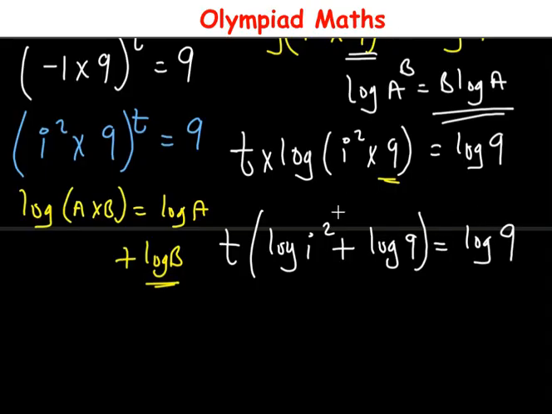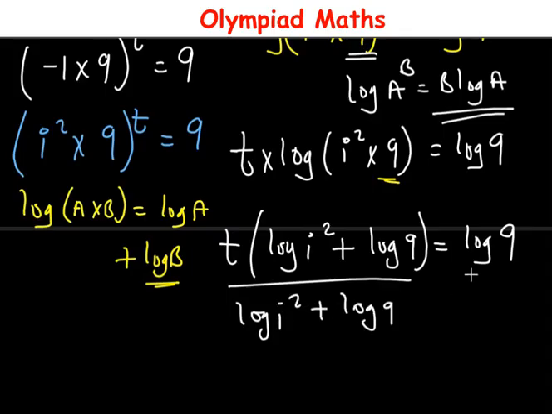So from here, to solve for the value of t, we are going to divide both sides by log i squared plus log 9.